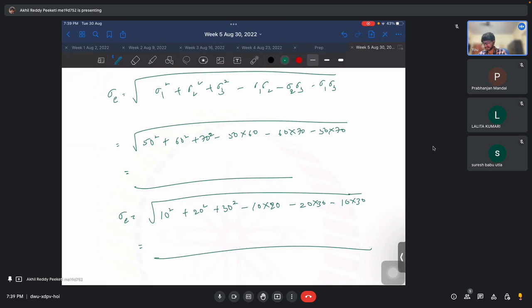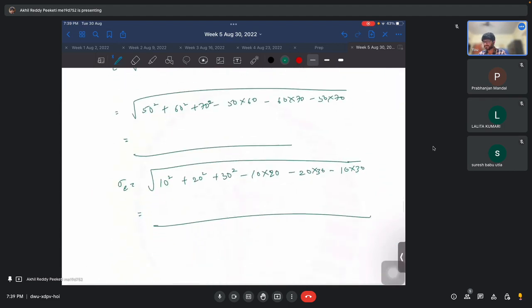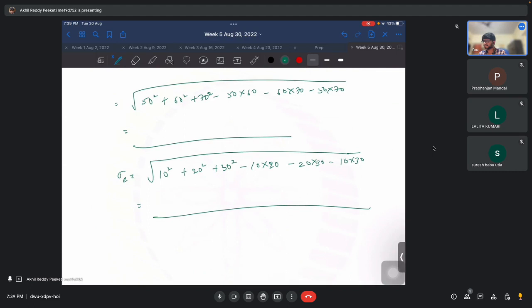If they are coming the same, then both of them will be equally possible to fail. Let me just calculate these values. 50 square plus 60 square plus 70 square minus 50 into 60 minus 60 into 70 minus 50 into 70.